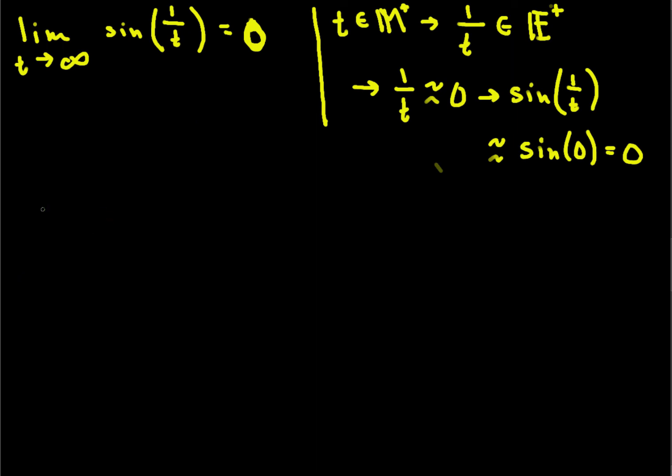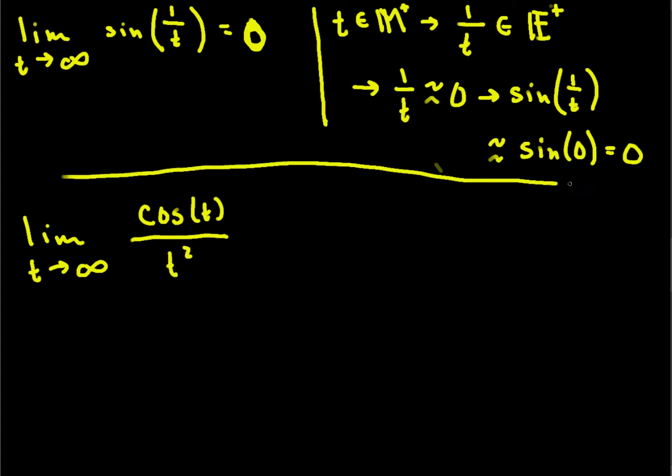Okay, how about another example? Let's look at the limit as t goes to infinity of cosine of t divided by t squared. So t is a positive infinite number. Well, what about cosine of t?